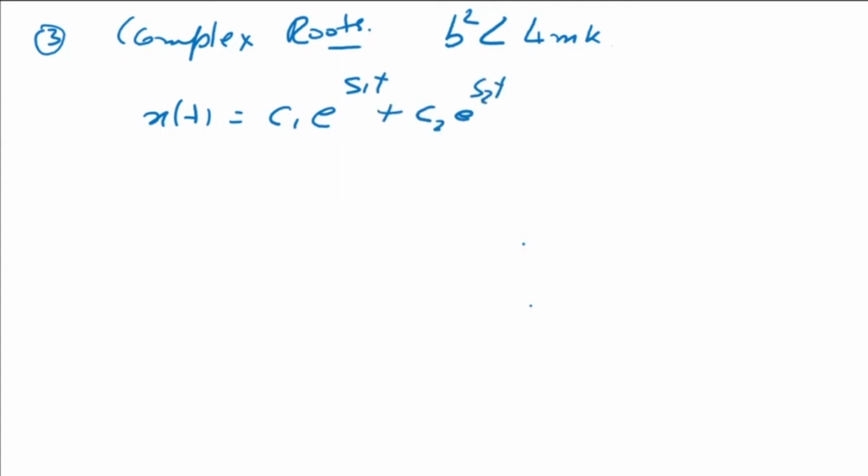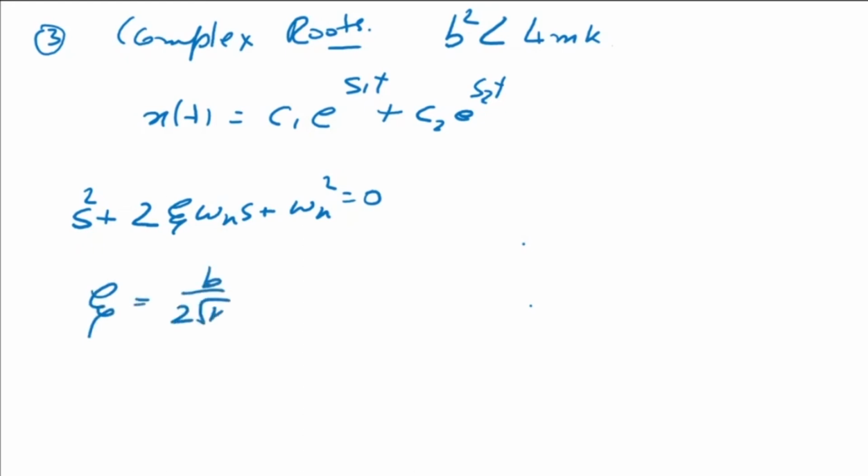Okay, but in this form s1 and s2 are complex, right? So we can also represent such a system by our standard way of representing it: s squared plus 2 zeta omega n s plus omega n squared is equal to 0, where zeta is called the damping ratio, is equal to b by 2 root km, and omega n is equal to root k by m.